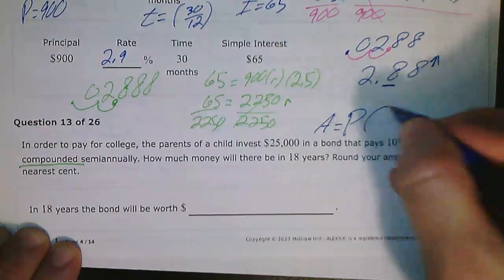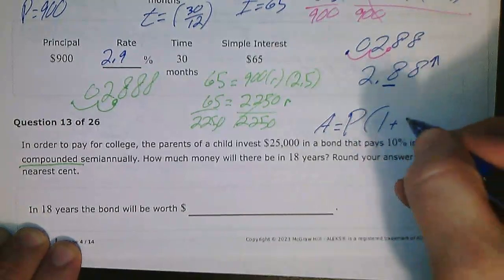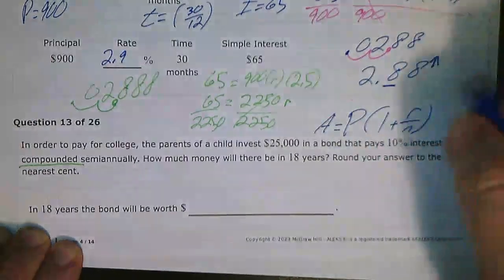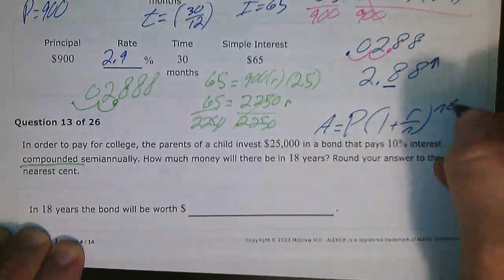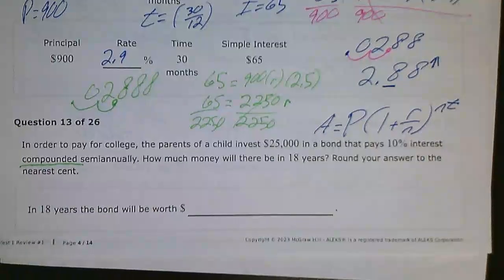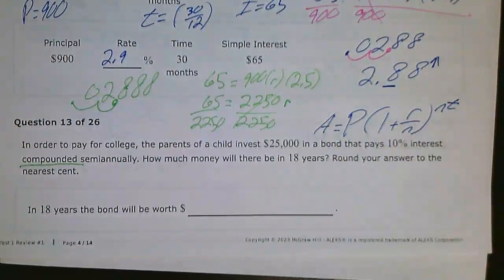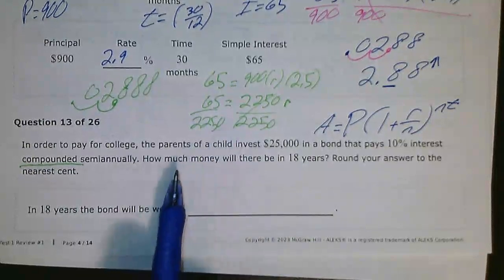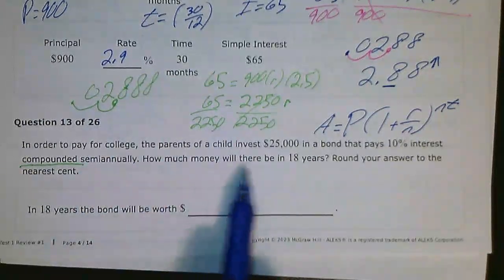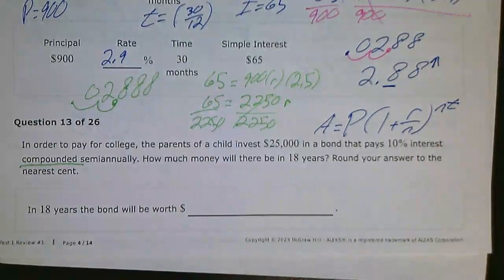A equals P times 1 plus R over N to the power of N times T. Alex sometimes uses M instead of N. It's the same thing. How much money will be there in 18 years? Round your answer to the nearest cent.